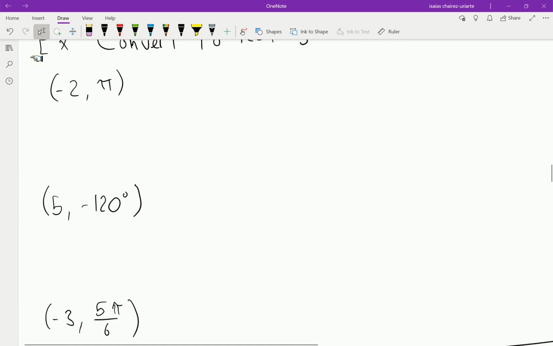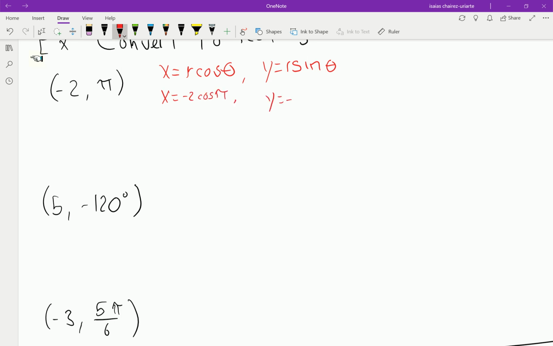Okay, so let's see. Let me begin by doing the first one. What I'm going to say is that x is equal to r cosine theta and y is equal to r sine theta. Well then my x is going to be negative 2 cosine of pi and my y is going to be negative 2 sine pi. Alright, what's cosine pi? Cosine pi is negative 1.